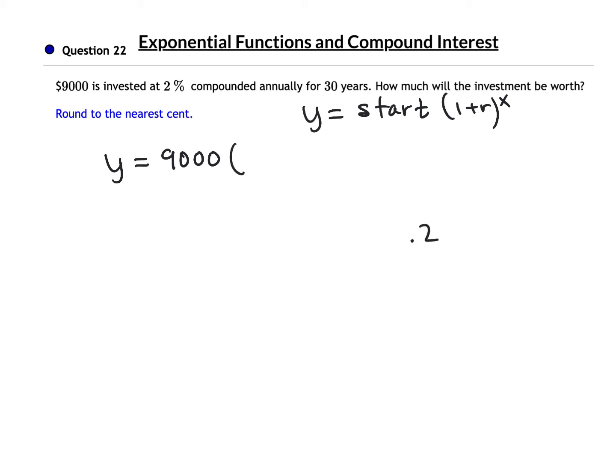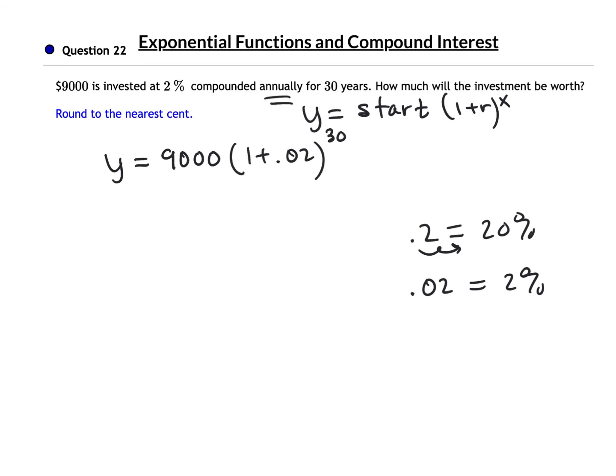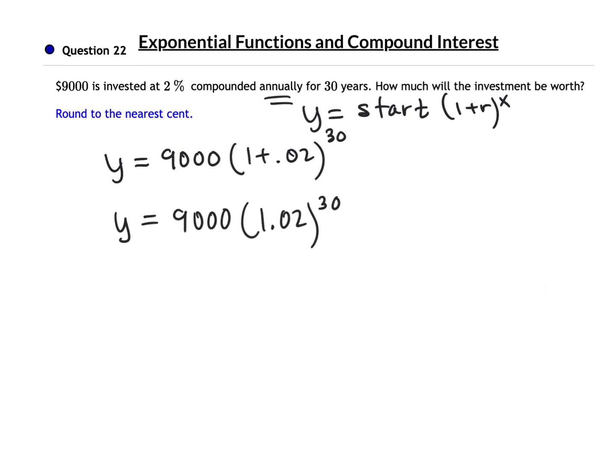Remember, 0.2 is 20% because you move the decimal 2 places. 0.02 is 2%. So this is 1 plus 0.02 to the power of 30, annual growth. We can write that as 9,000 times 1.02 to the power of 30.